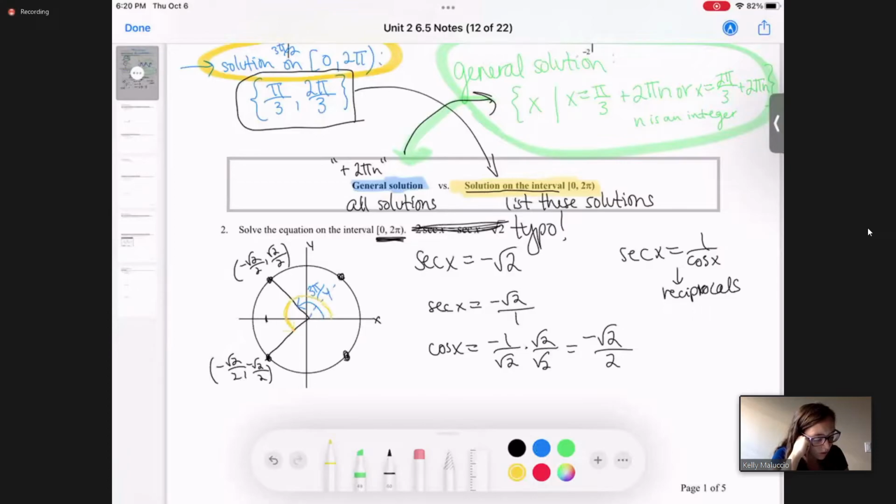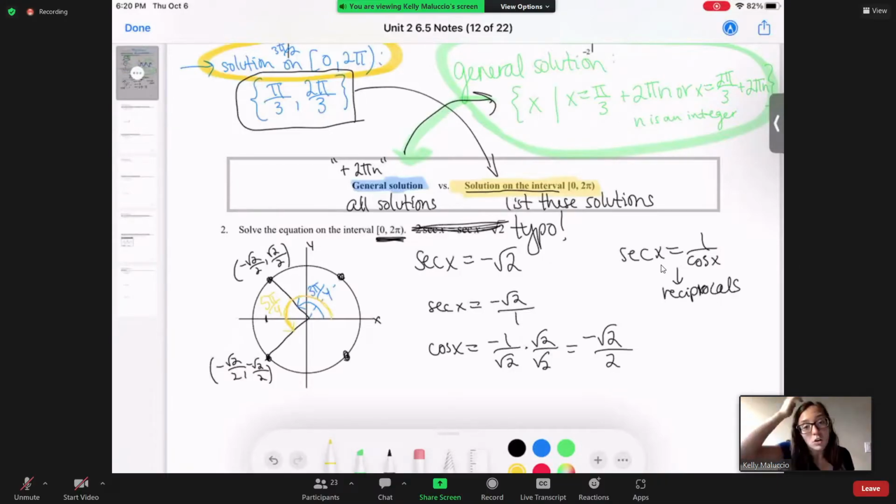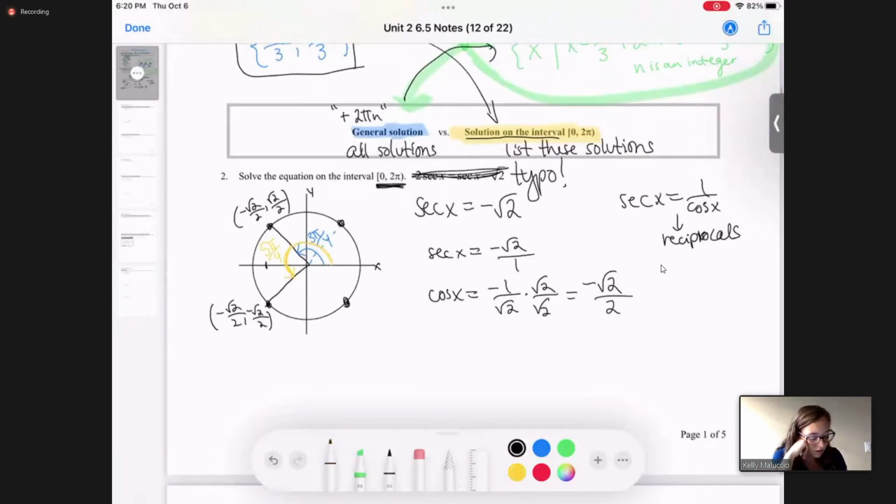So these are our 2 angles that work. Our solution is 3 pi over 4, 5 pi over 4.